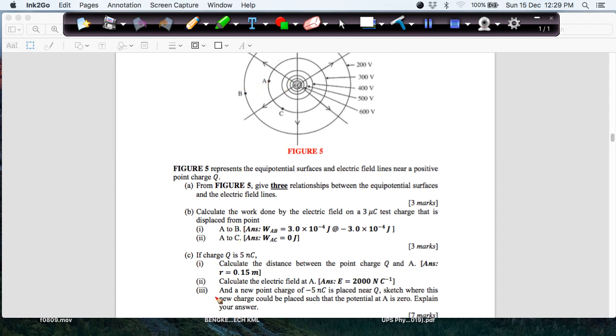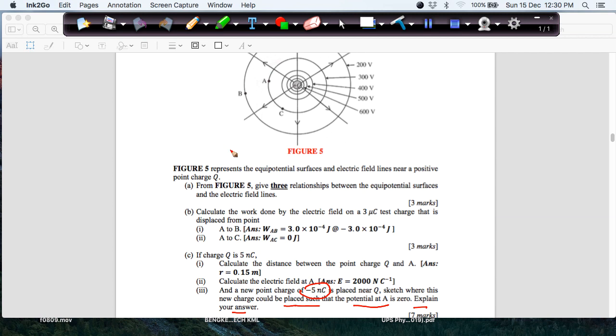And number 3, a new negative charge of 5 nanocoulomb is placed near to Q. Sketch where this new charge could be placed such that the potential at point A is equal to 0, and explain your answer.